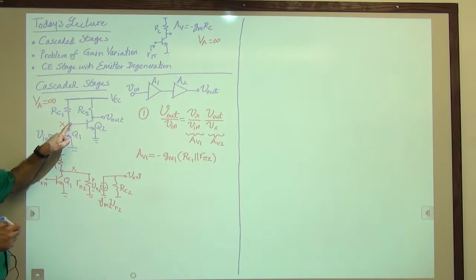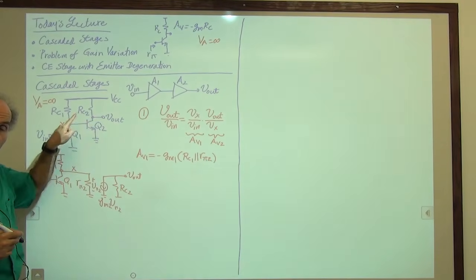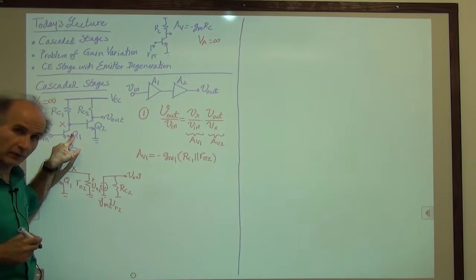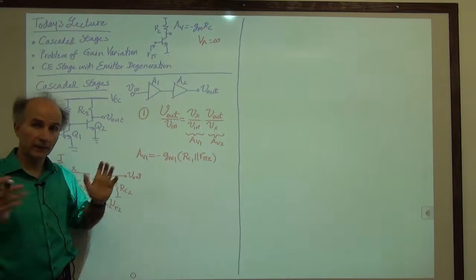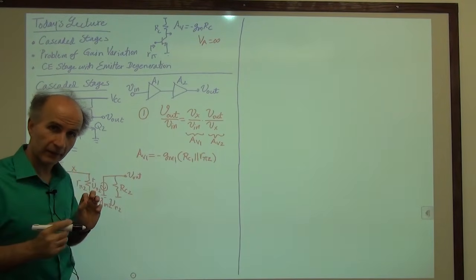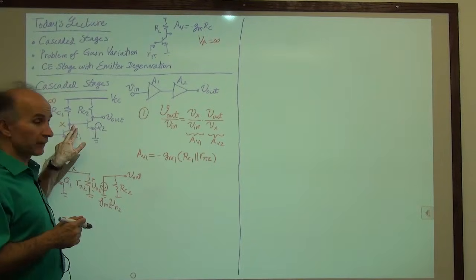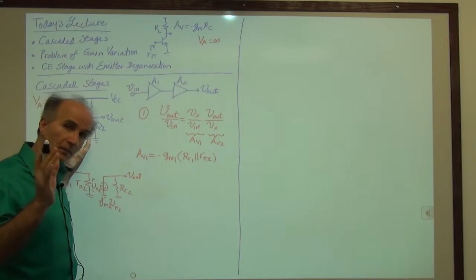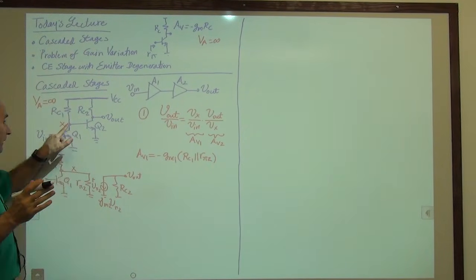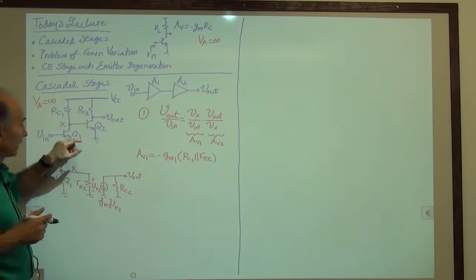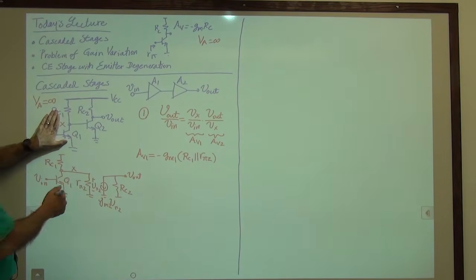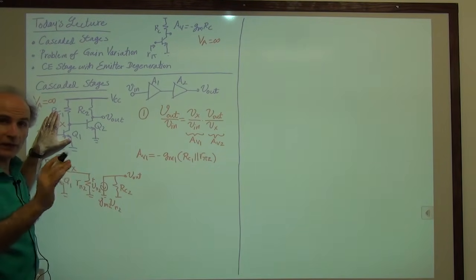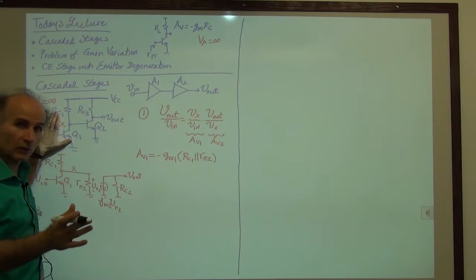AV2 is the voltage gain from here to here, meaning V out over Vx. How do we find V out over Vx? So in any circuit, anywhere in the world, if you're required to find V out over Vx, you are allowed to place an ideal small signal voltage source from X to ground, meaning that suddenly all of this disappears and you can say V out over Vx is that of this basic common emitter stage without anything, without any source impedance, without any load impedance.